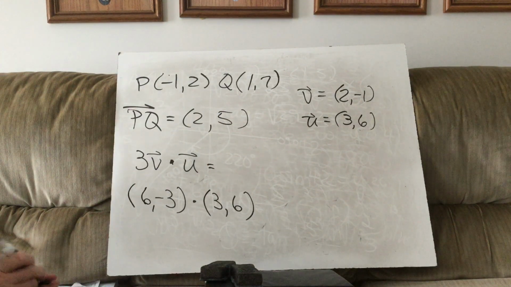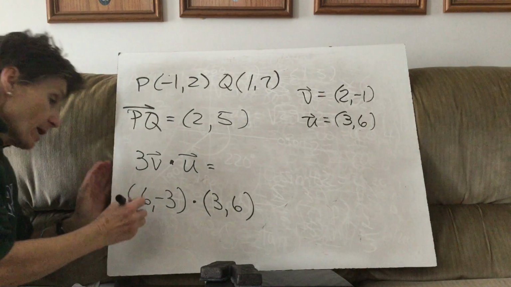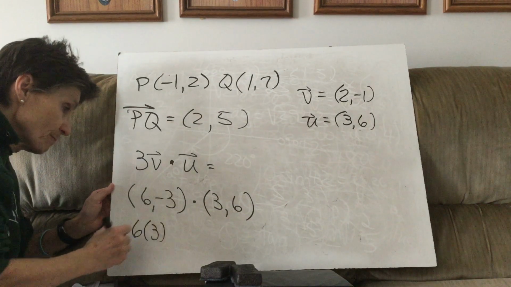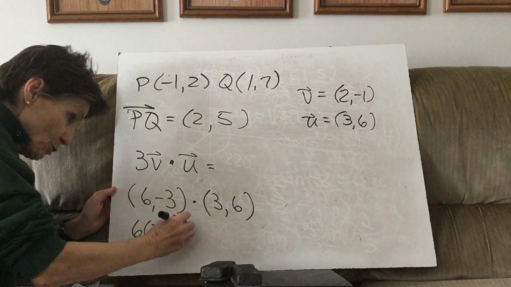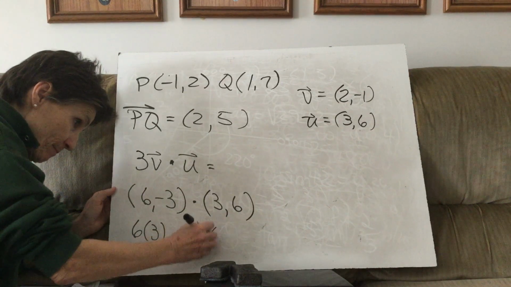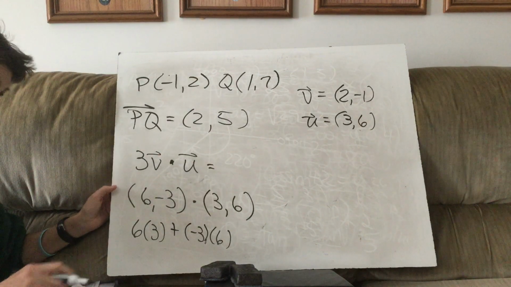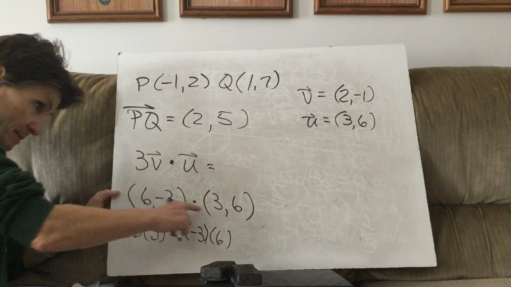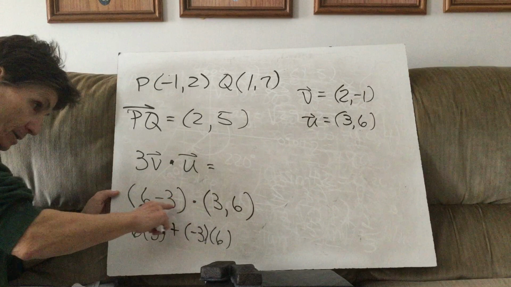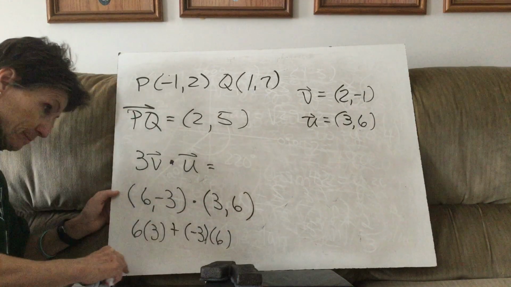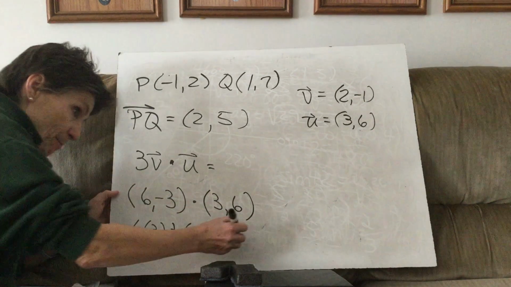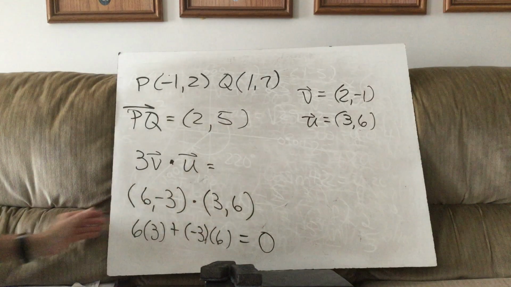Now, remember when you do a dot product, you take your X times your X, your Y times your Y, and you add them. So X times X, Y times Y, add them. This dot product is 0.